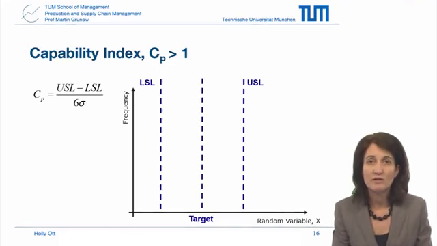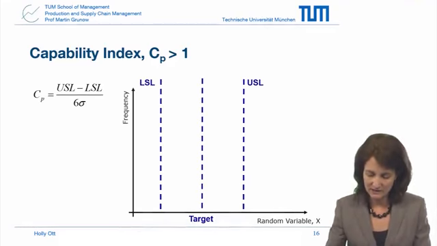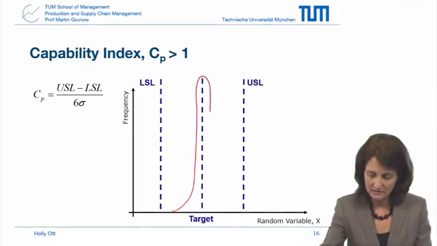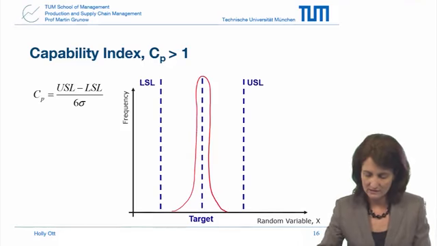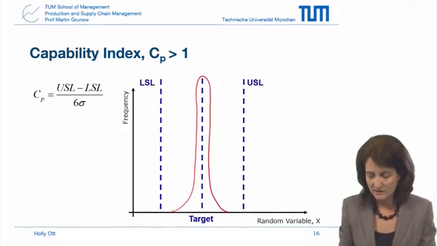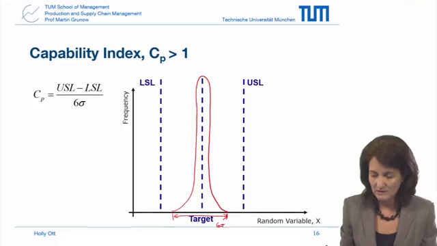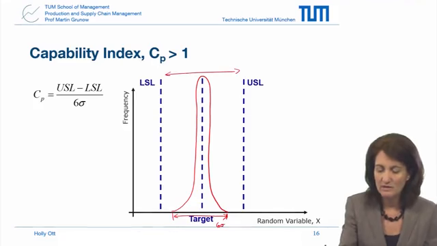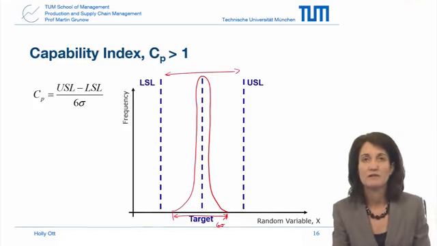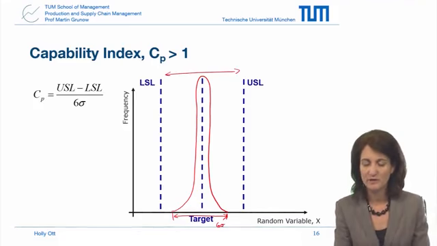And for CP greater than 1, the entire distribution would fall within the specification limits. And I can draw that like this. So here the 6 sigma value is smaller than the upper specification minus the lower specification limit. I hope that's clear.